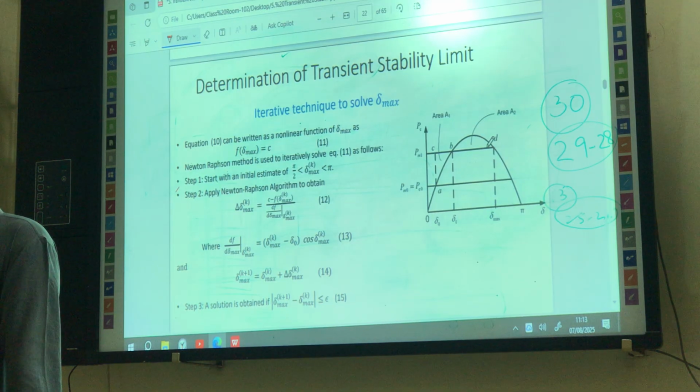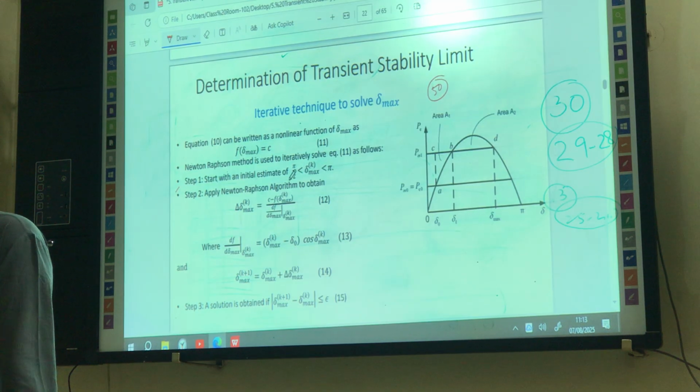So obviously you will take the initial value in between. You can take below this, no problem, but then your number of iterations will be higher and you will need more time to reach convergence. If you take the estimate intelligently, your convergence time will be lower.